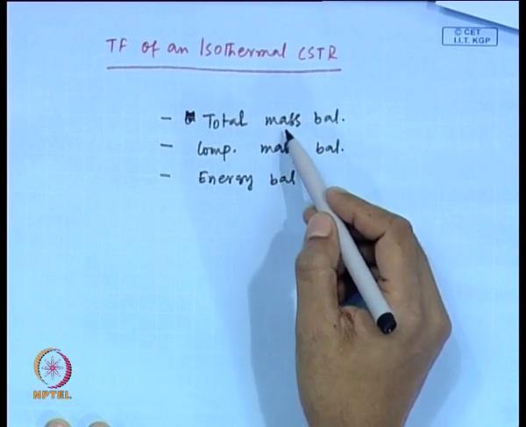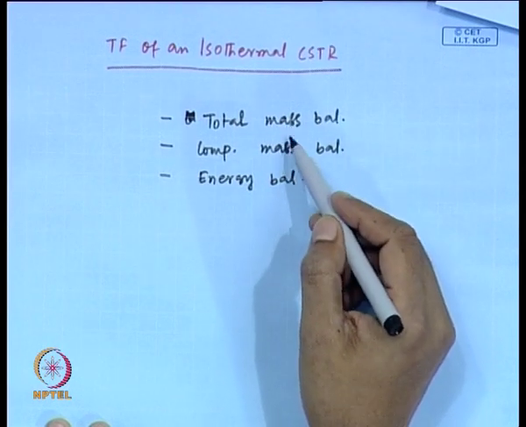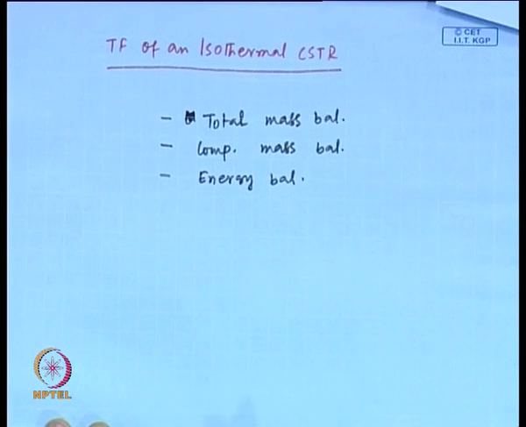So, for the case of isothermal CSTR, the reactor operates at constant temperature. So, there is no variation of temperature. If that is the case, then we have considered one CSTR and we derived modeling equations based on these 3 balances.